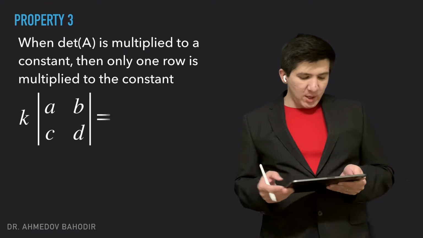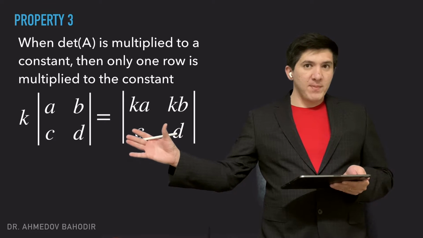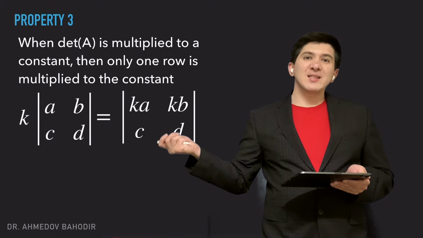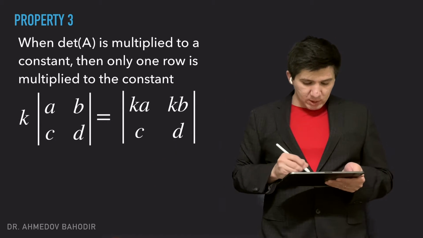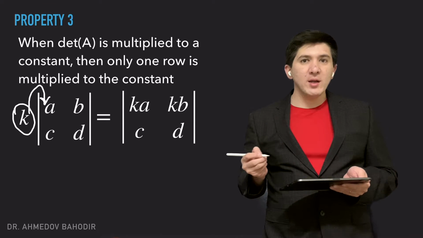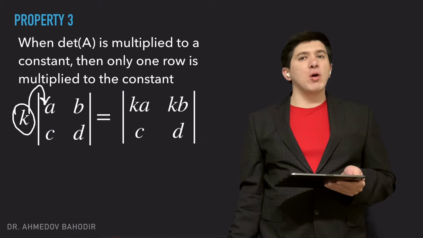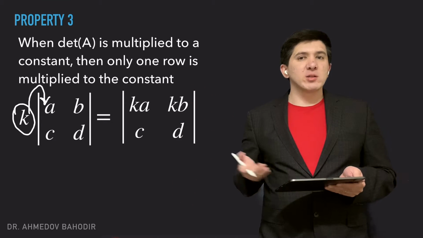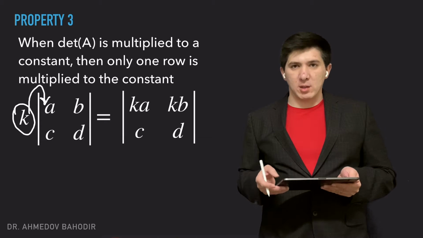So essentially, if you are multiplying this determinant by some constant, then this constant can go inside the determinant. You can just take this constant and put it inside the determinant, but it is not going to go through all of the rows. It will go to one of the rows, either the first one, the second, the third, and so on.